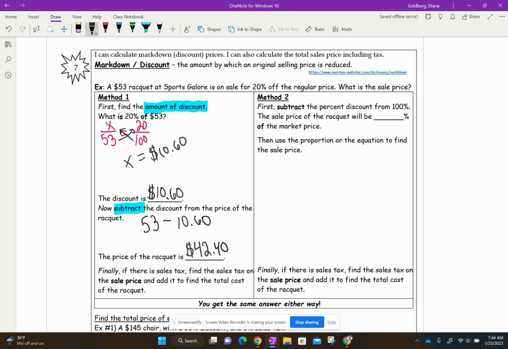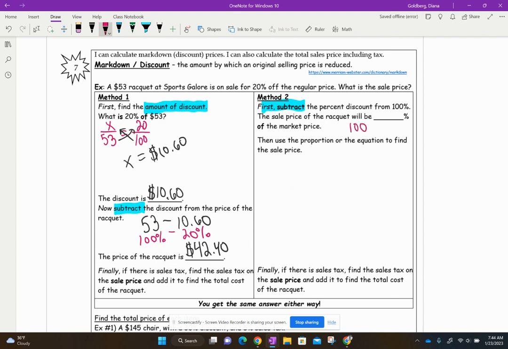I prefer method two, where we subtract the percent of discount from 100% first. So if I think about it, I have 100% of the cost of the racket here, and this was the 20% discount.